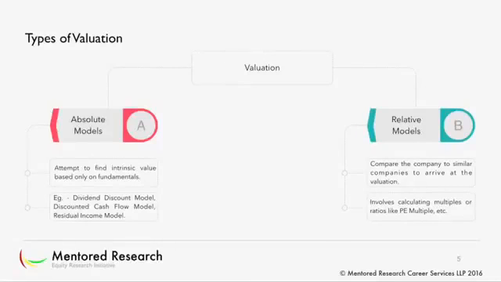Models like dividend discount model, DCF model, etc. come under absolute valuation. On the other hand, relative valuation looks at a company's worth vis-a-vis its competitors and involves financial ratios like the ones we had discussed earlier. Here, an exact worth of the company is not arrived at.